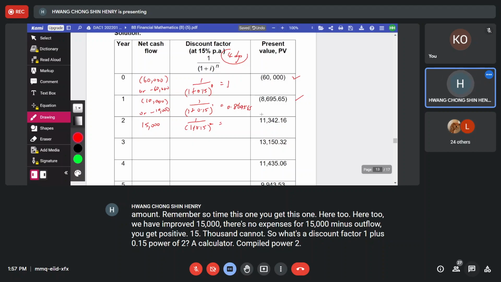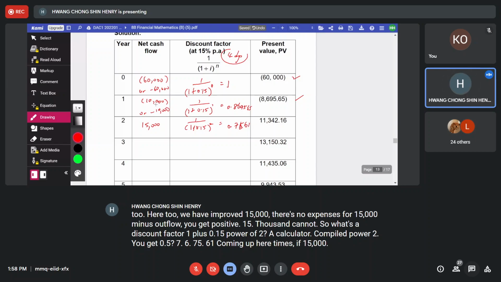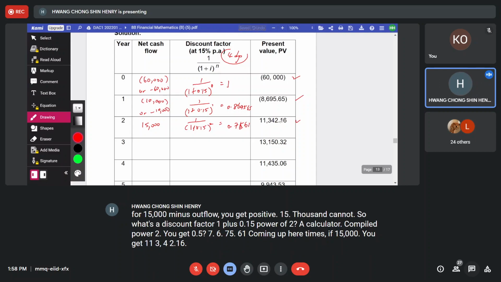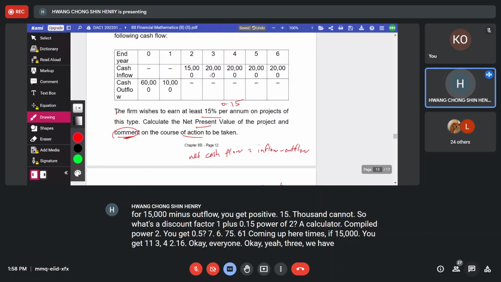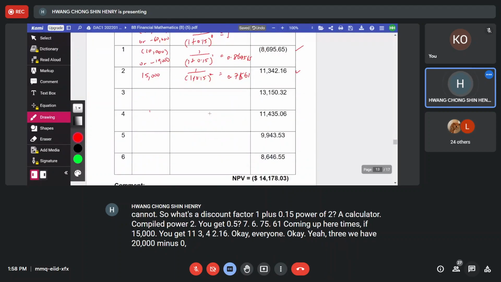You get 0.7561, correct or not? Okay, you multiply it by 15,000, you will get 11,342.16. Agree, everyone? Okay, year 3, we have 20,000 minus 0, so we still have 20,000.